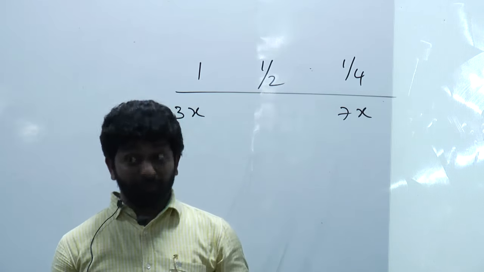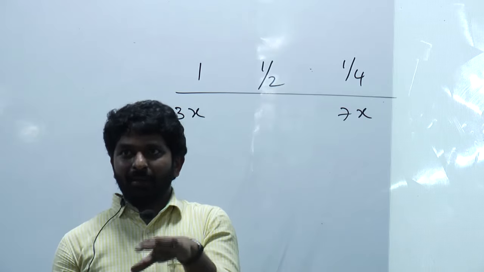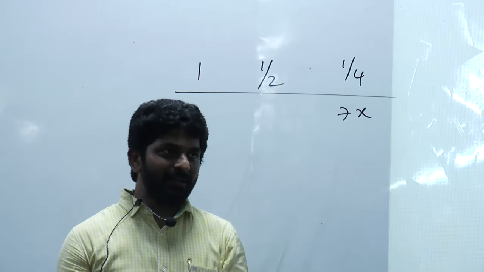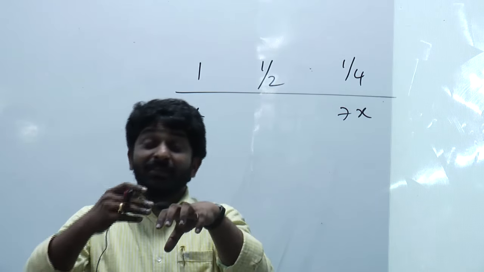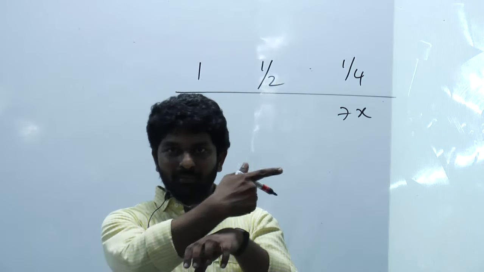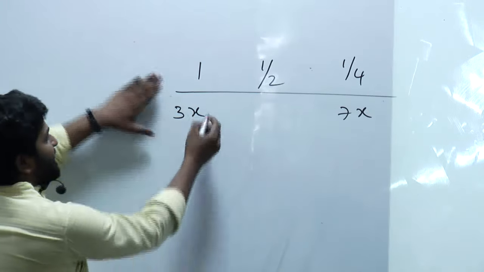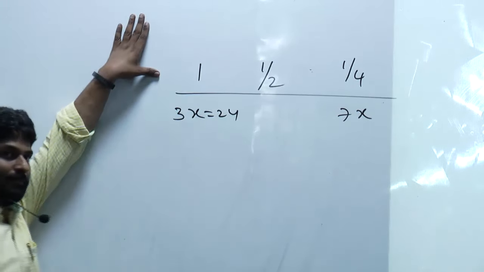I will take 24, not 21, because with that number either 24 is my answer, or I can judge whether it is more than 24 or less than 24. So take the middle number, which is 24. If 3x is equal to 24, what about the x value?